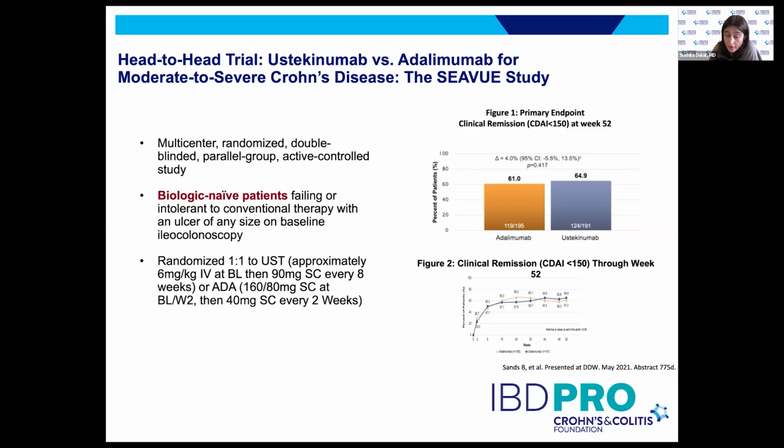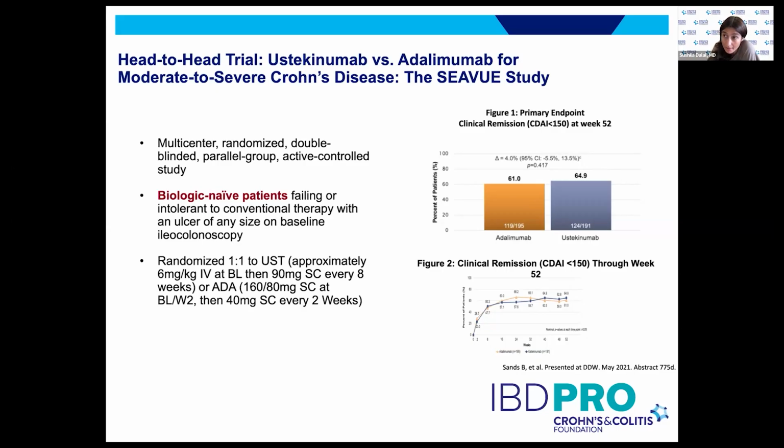And then patients were randomized 1-to-1, some to get ustekinumab, some to get adalimumab. And what they found is that there was no winner. They both worked well, and actually they both worked better than usual, probably because they were biologic naive patients. But it really tells us there's no one right answer for every single patient. For some patients, adalimumab is going to be the best medicine.